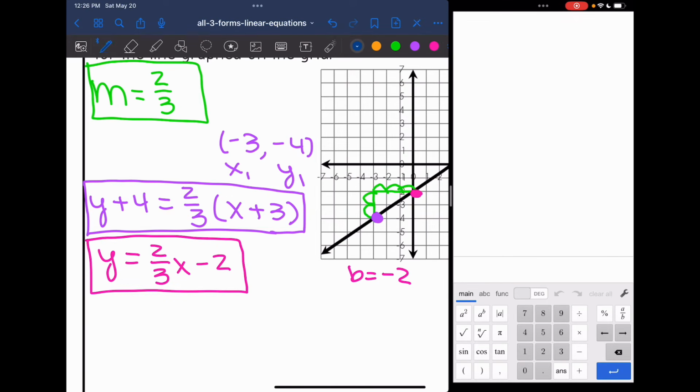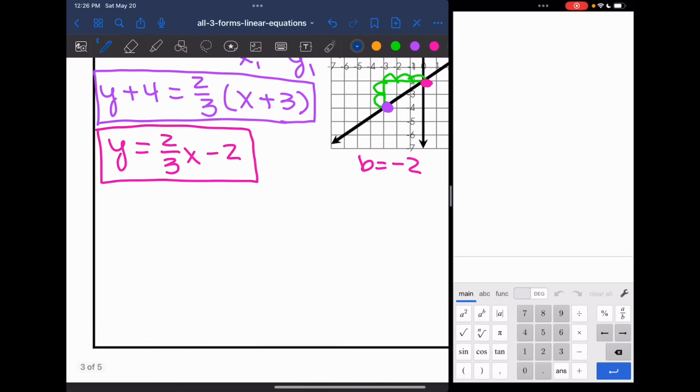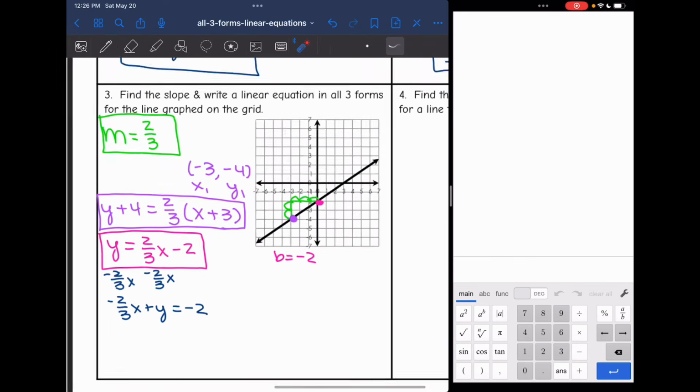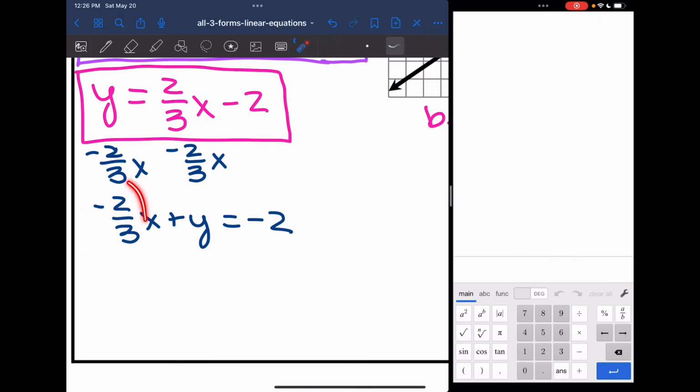And last thing I need to do is convert this equation to standard form. And I'll do that by moving the x to be the same side as the y. So I'm going to subtract 2/3 x. And I get negative 2/3 x plus y equals negative 2. And the last thing I need to do to convert this equation to standard form is make that a positive whole number.